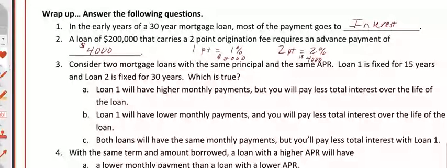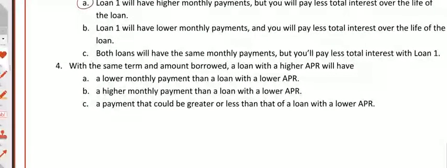Both loans will have the same monthly payments, but you'll pay less total interest with loan 1. Which of those makes sense when comparing a 15-year loan and a 30-year loan? The answer is A. The 15-year loan will have a higher monthly payment, but you will pay less interest over the life of the loan.